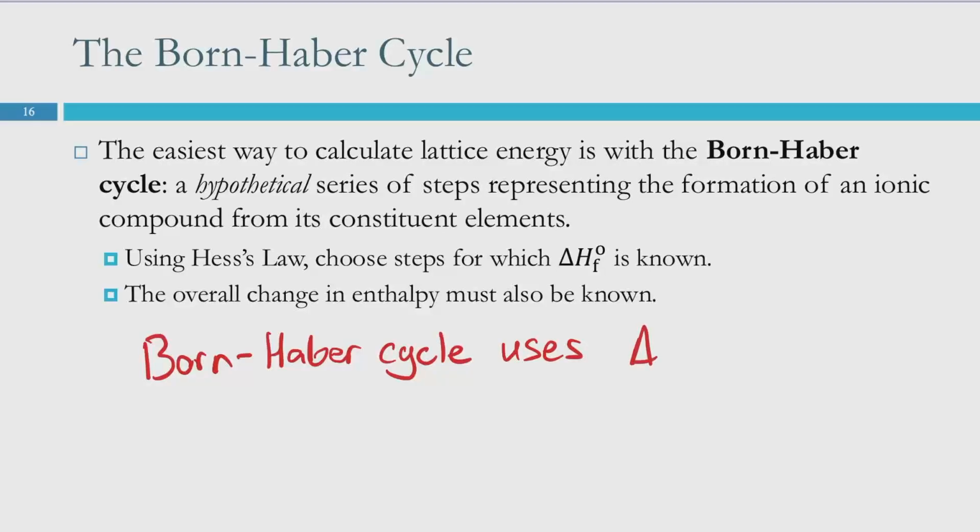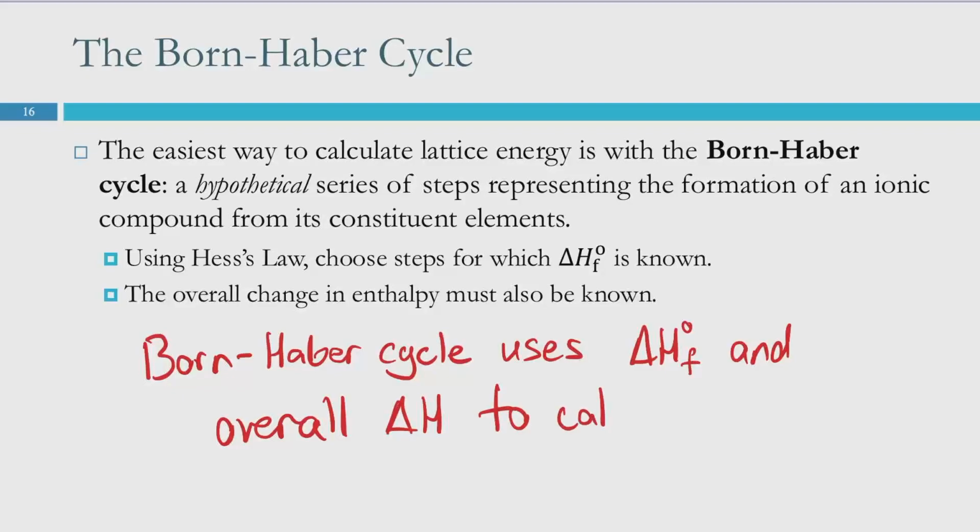So it uses delta H with the little plimsoll and the f, and the overall change in enthalpy to calculate lattice energy. What's the energy of the positive and the negative charges being next to each other, being in their ionic compound formation?